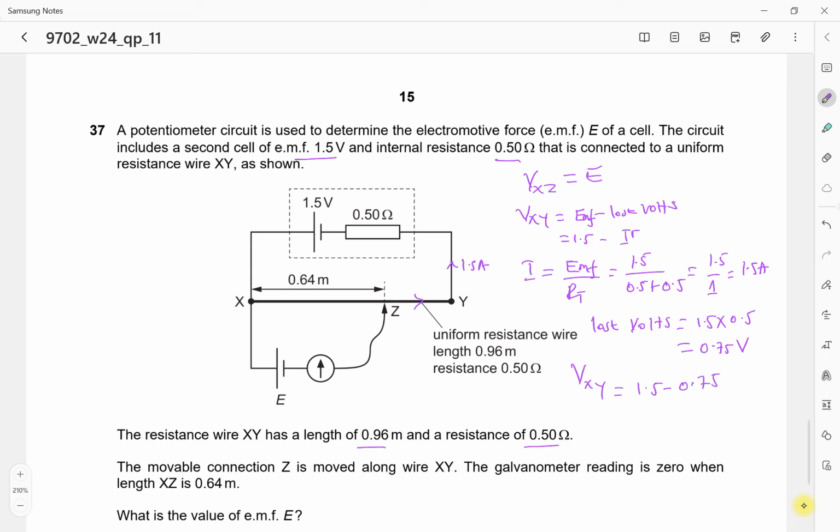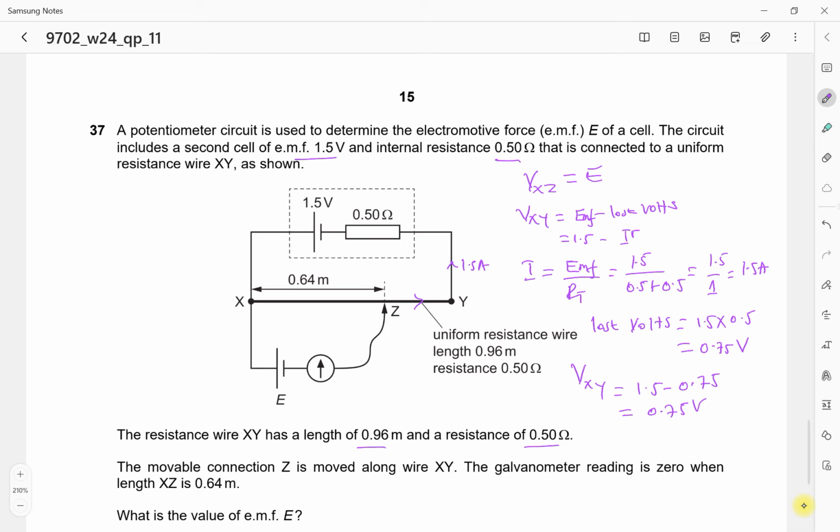So the PD across XY is 1.5 minus 0.75, that is the EMF minus the lost volts, and this gives us 0.75 volts.